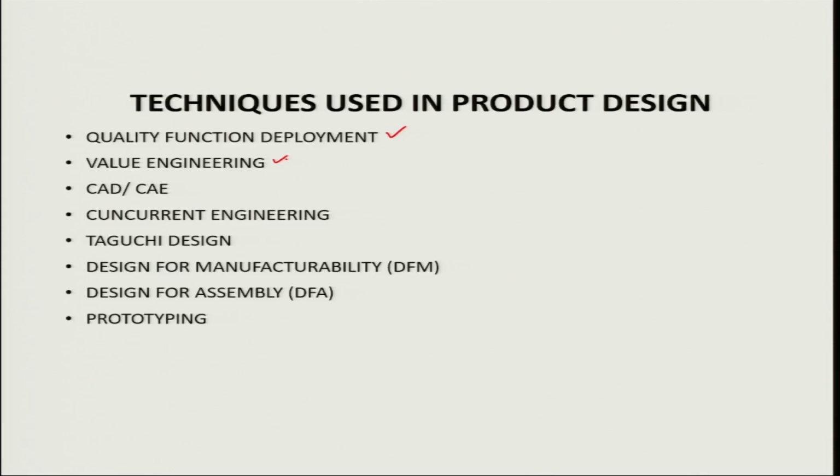So we say that the heart of value engineering is the function approach. We identify the functions of the product and then try to fulfill those functions at a minimum cost, so that we improve the value of the product. Value is defined as function fulfillment divided by cost.